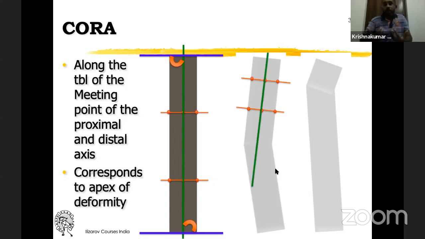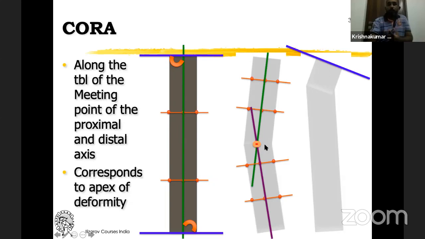So how exactly do you find out the location of the deformity? If a bone is deformed, you draw the axis of the proximal fragment and you draw the axis of the distal fragment. The meeting point of these two axis lines is going to be your apex of the deformity. You go forward, draw the axis of the distal fragment, and you have a meeting point which is actually called the CORA.